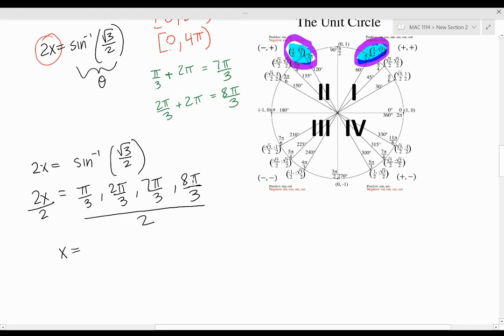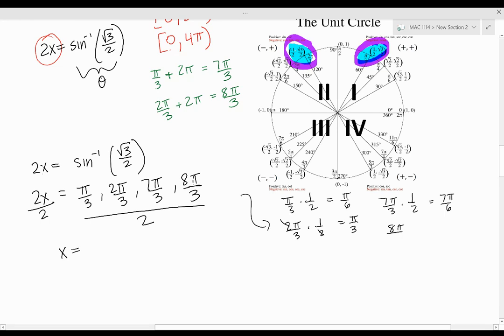Anytime you're dividing by 2, it's the same thing as multiplying by a half. So pi over 3 times a half would be pi over 6. It'd be 2 pi over 3 times a half; the 2's would cancel, which would give you pi over 3. It would be 7 pi over 3 times a half, which is 7 pi over 6.